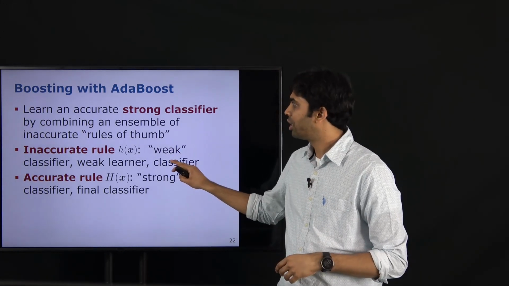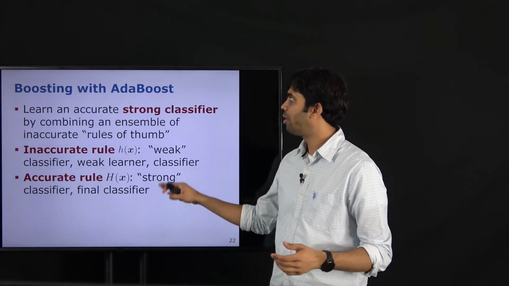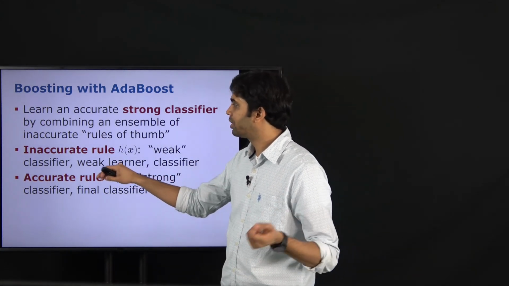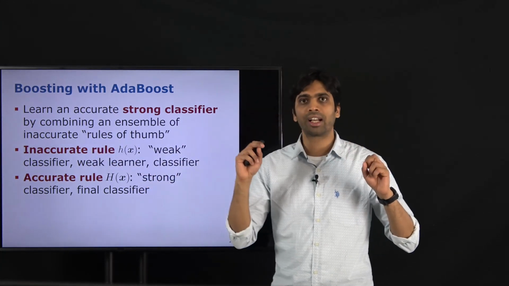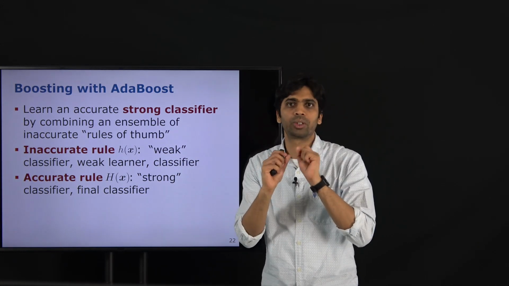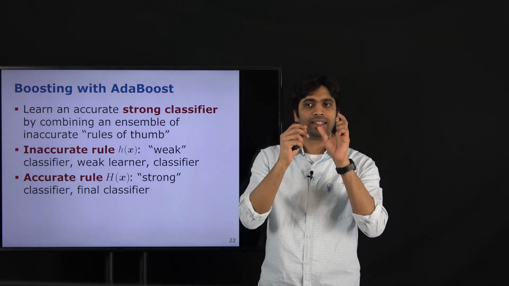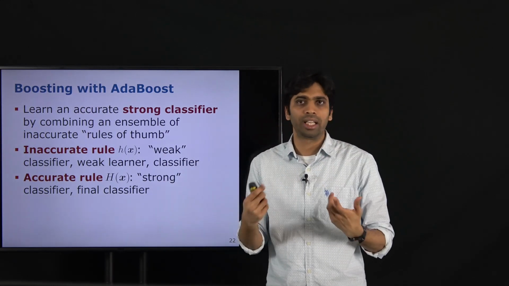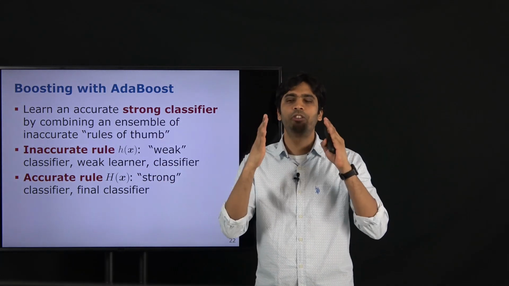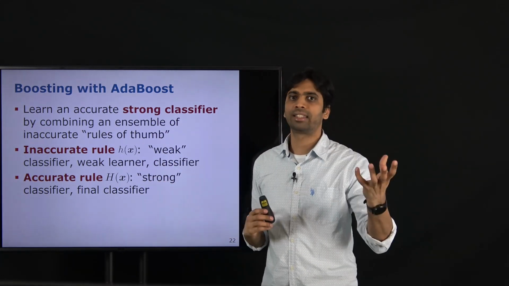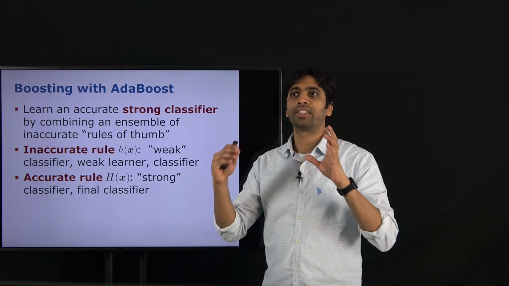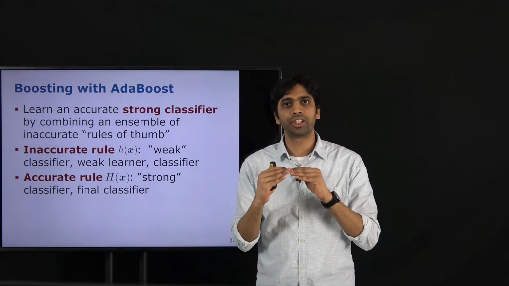Right, so a couple of terms that you would come across when you read about AdaBoost in the literature are what are called inaccurate rules or weak classifiers. These are nothing but individual decision trees. If you go to the previous example, these smaller decision trees are known as weak classifiers, but in principle, this could be any classifier which by itself does not meet your requirement of accuracy for the application that you have. So it's not good enough, but still gives okay classification accuracy.